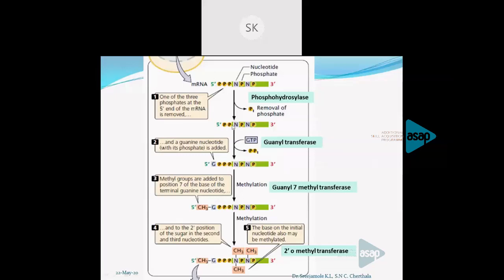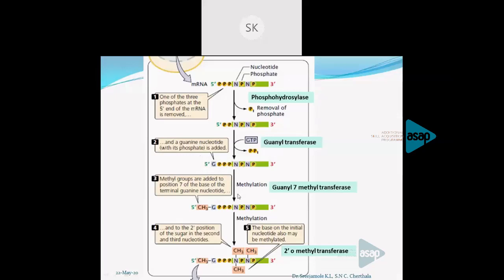Later, another enzyme, guanyl transferase, removes 2 phosphate groups from the guanosine and then adds that guanine to the 2 phosphate groups on the first nucleotide, forming the guanine 5' cap.